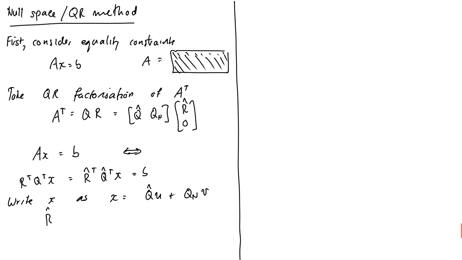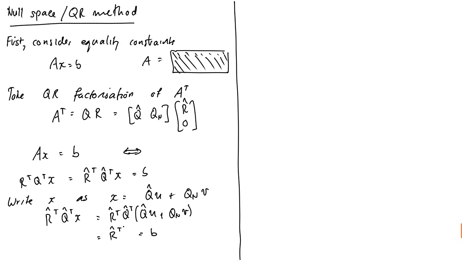So R hat transpose Q hat transpose x equals R hat transpose Q hat transpose (Q hat u plus Qn v). Now Q hat transpose Q hat is the identity, Q hat transpose Qn is 0, so that equals R hat transpose v, which equals b.